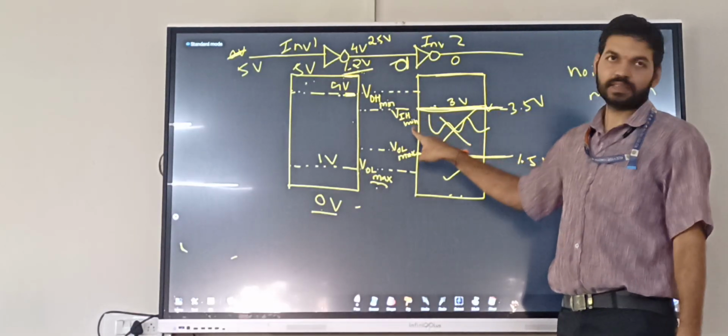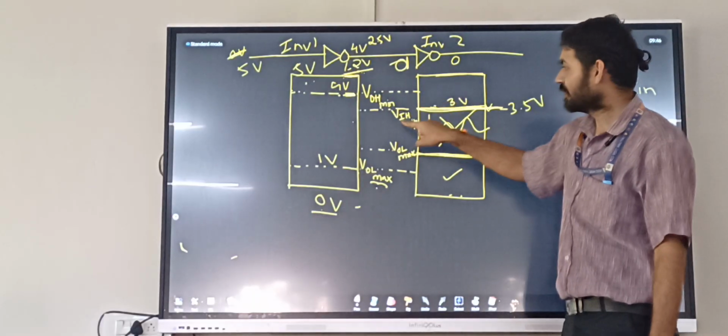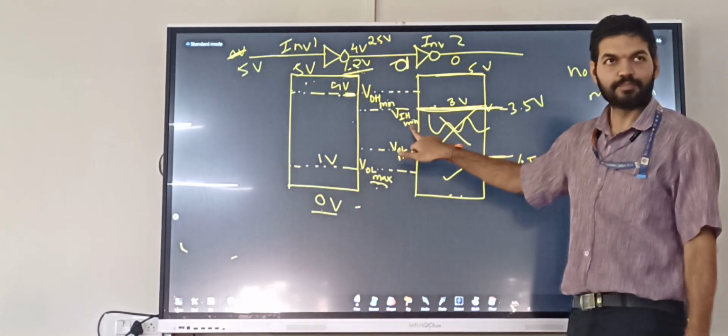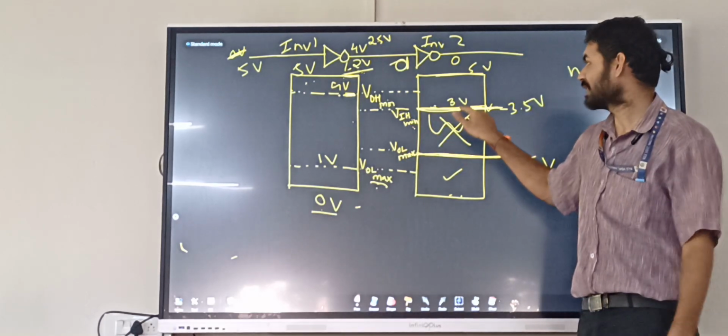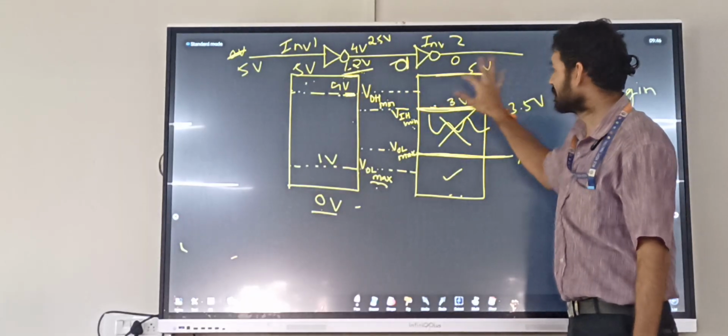VIH minimum means the input for this inverter which is high. Actually it is 5, but at least it should be minimum 3 volts. Then it will consider the output as high.